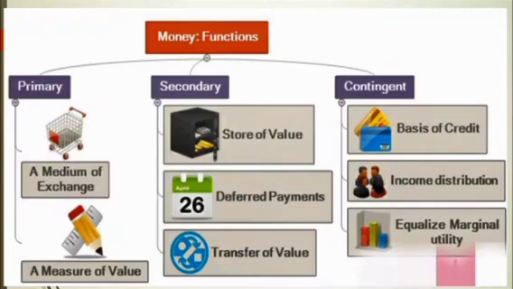Secondary are store of value, deferred payments, transfer of value. Contingent functions are basis of credit, income distribution, equalize marginal utility.